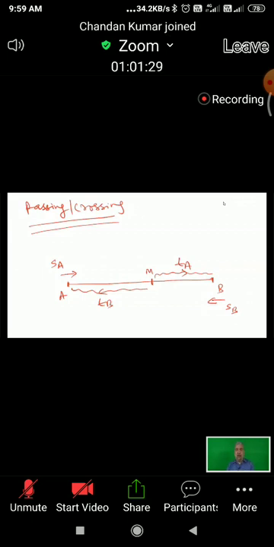Obviously in between they will meet. After meeting, they will cross each other. After meeting, it is given that the train from A takes TA time to reach B, and after crossing each other, the train from B takes TB time to reach A.